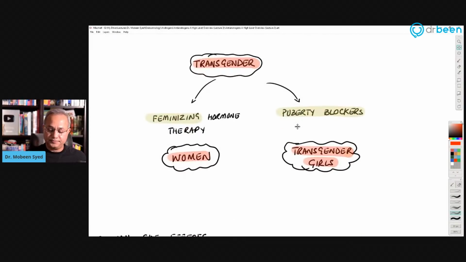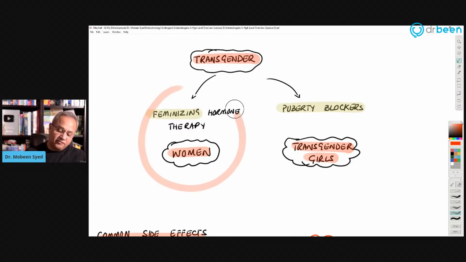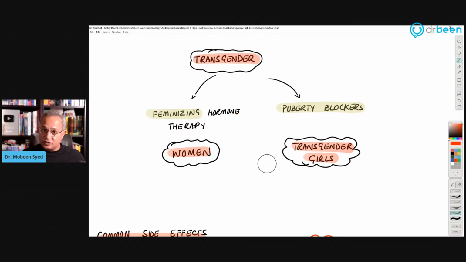anti-androgens are given. Now in transgenders, especially transgender girls, number one, feminizing hormones. Those transgender women who are looking to keep themselves feminized would take anti-androgens to counter the production of testosterone in them, and that would start creating feminization in their body.